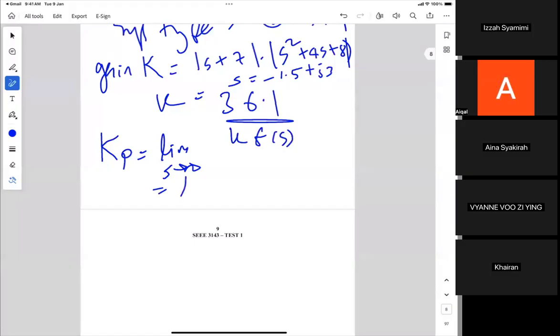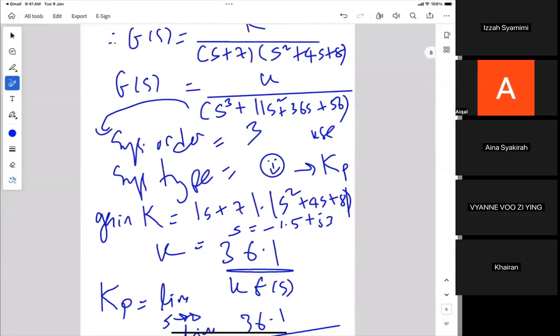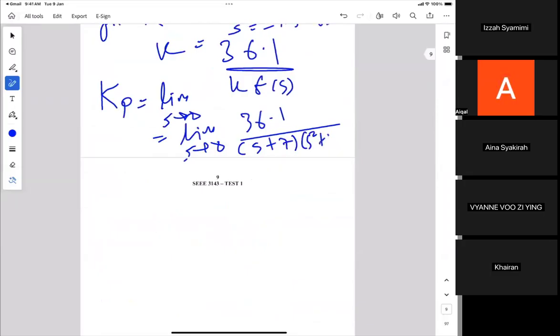K is 36.1 multiplied by s plus 7, s square plus 4s plus 8, equal to 0.645.